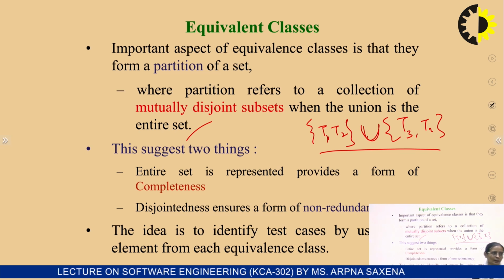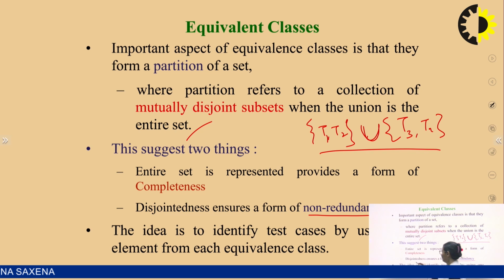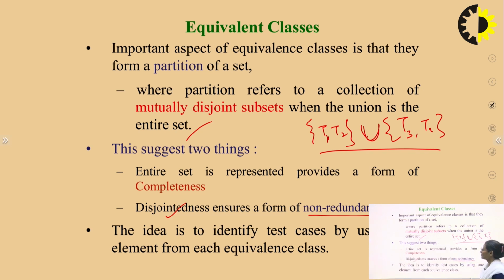This suggests two things: the entire set is represented, which provides a form of completeness, and disjointedness ensures a form of non-redundancy. That is how we achieve non-redundancy, with the help of the disjoint concept, and completeness is provided because if I join the different subsets, I will come up with the entire set.